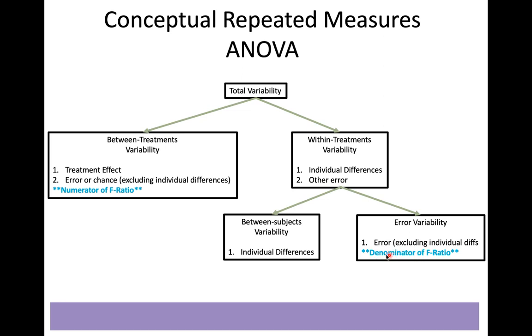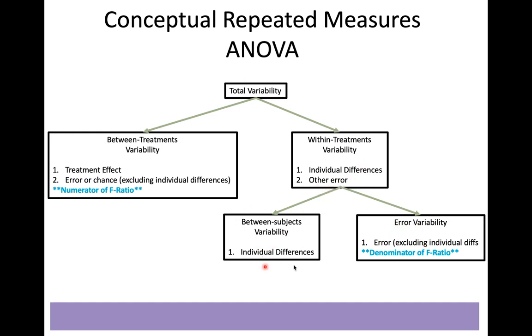So what this is going to do is make our denominator smaller, a smaller value than had we conducted a one-way ANOVA. Because remember, this would have been our denominator for a one-way ANOVA, but I get to split it into individual differences and then pure error.